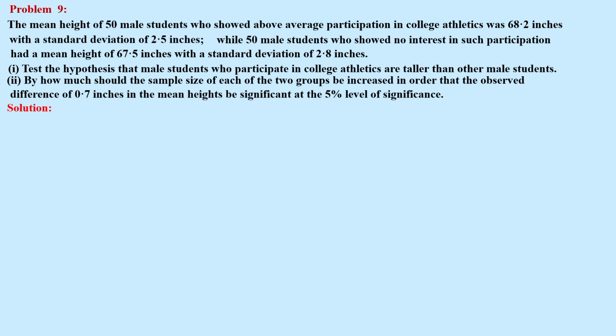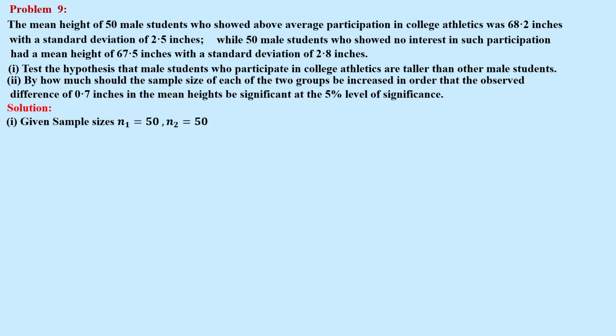First, they have given the mean height of 50 male students, so the first sample size n1 equals 50. In the second line, 50 male students who showed no interest in such participation, so the second sample size n2 is also 50.